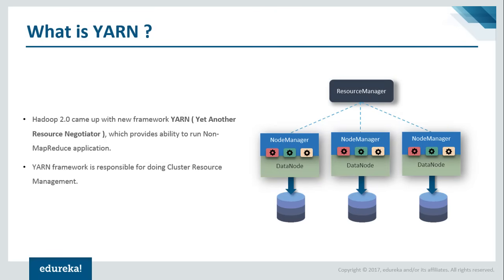Now let us talk about Yarn, the processing component of Hadoop. When Hadoop came up with its new version, which is Hadoop 2.0, it came up with a new framework which is known as Yarn. Now, Yarn stands for Yet Another Resource Negotiator. It provides the ability to run non-MapReduce applications.